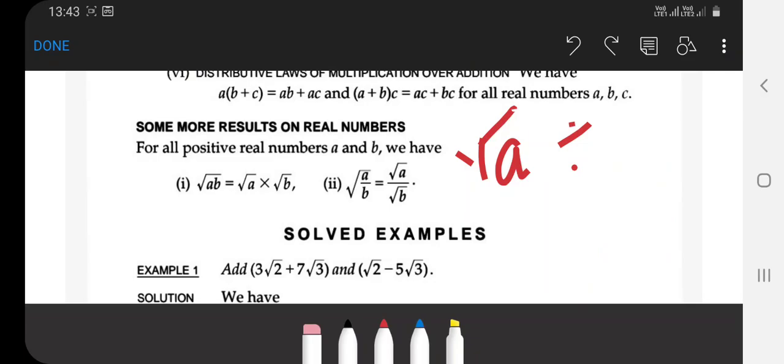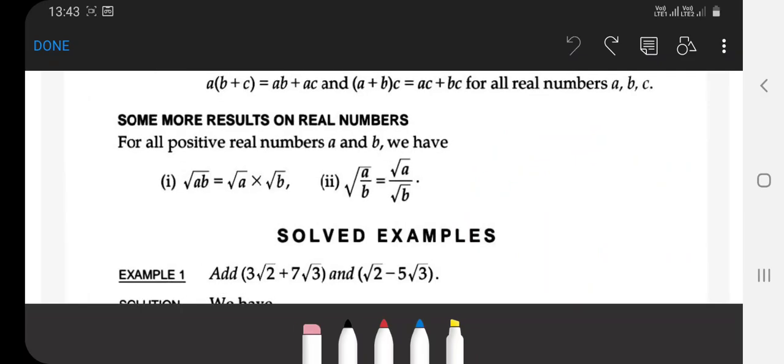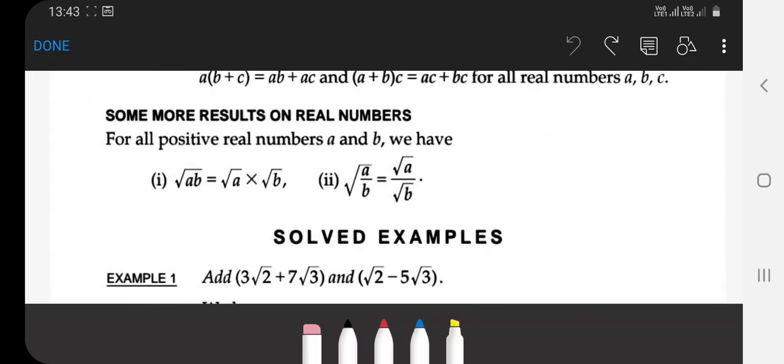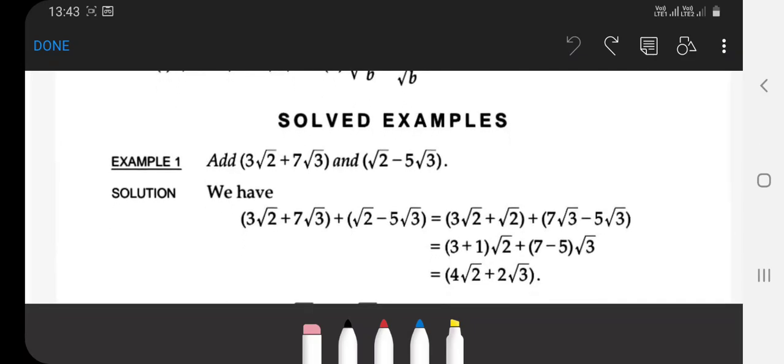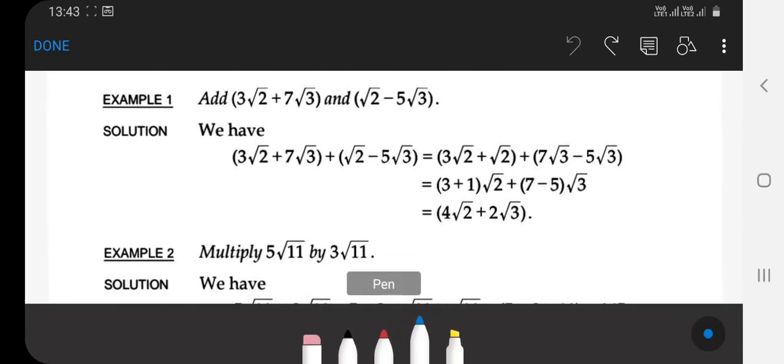Here are some examples for you to solve. Add 3 root 2 plus 7 root 3 and root 2 minus 5 root 3. So 3 root 2 plus 7 root 3 plus root 2 minus 5 root 3.